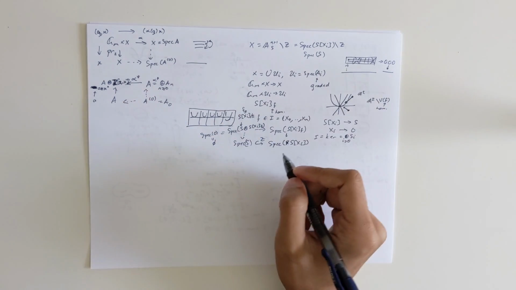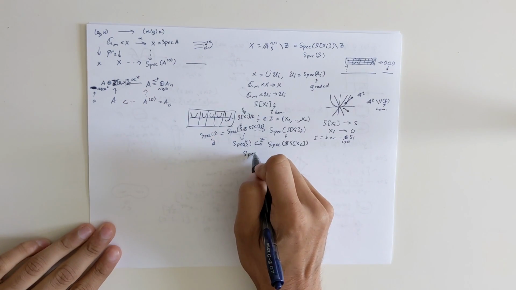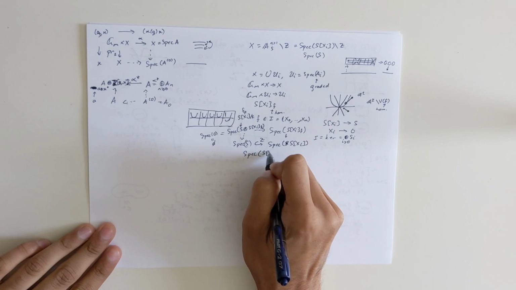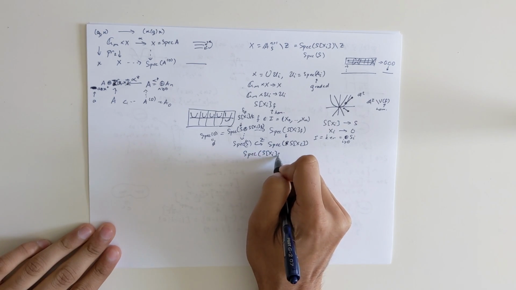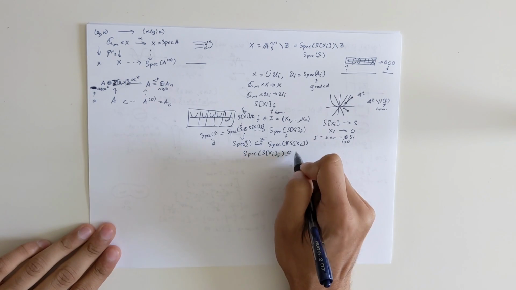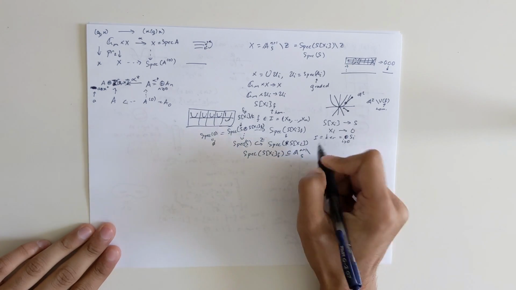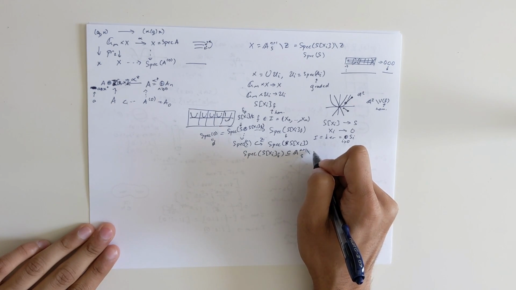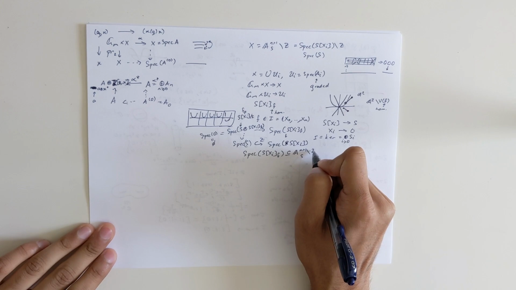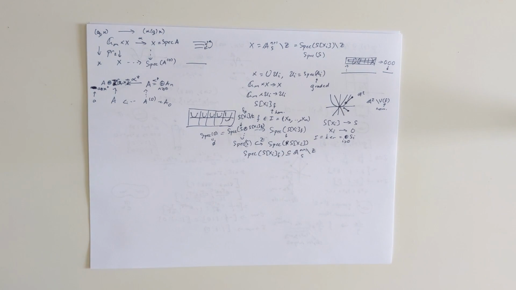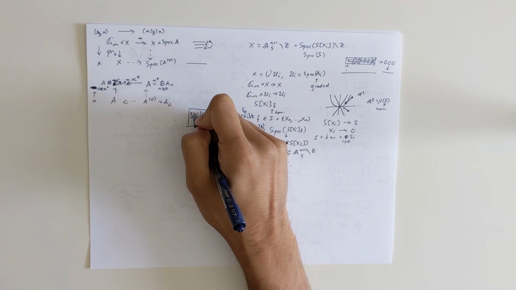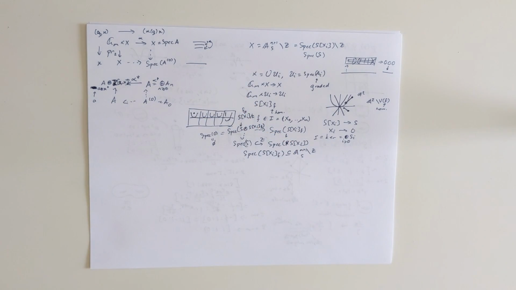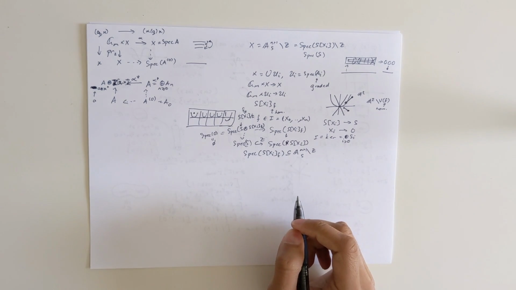And so we do have that spec of S[ξ] localized at f is contained inside A^{n+1}_S minus the zero locus. And moreover, any point which is not on the zero locus will be covered by one of these affine open sets.